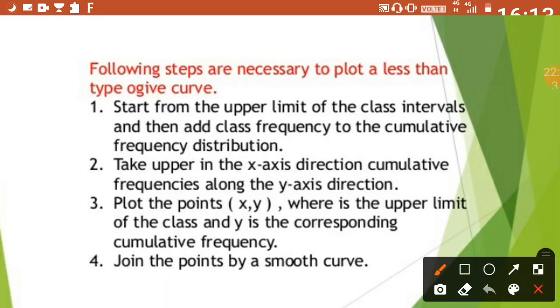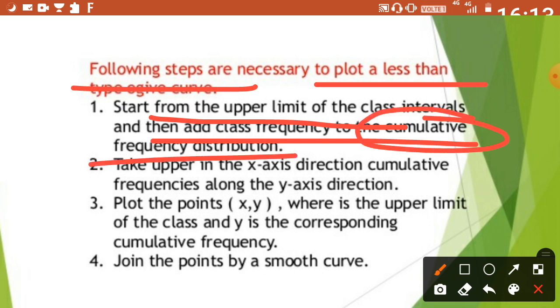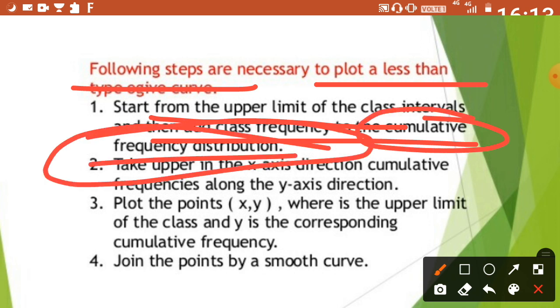So these are the steps for how to plot a less than ogive curve. First of all, start from the upper limit of the class interval. So you have to take the upper limit of the class interval here. The process to determine the cumulative frequency is written here.